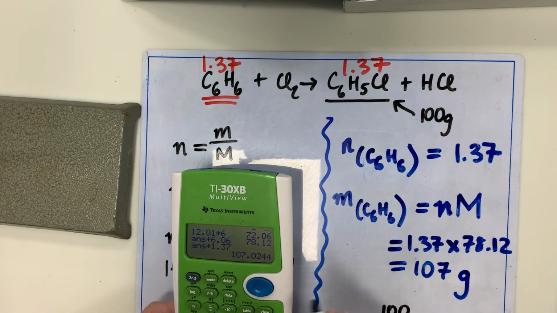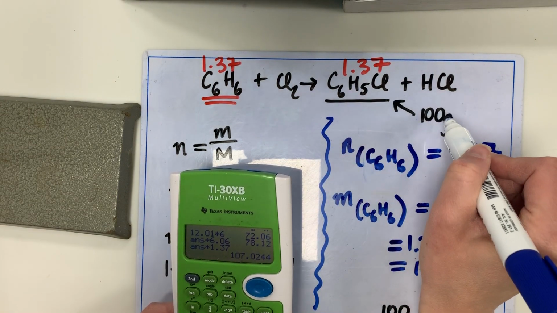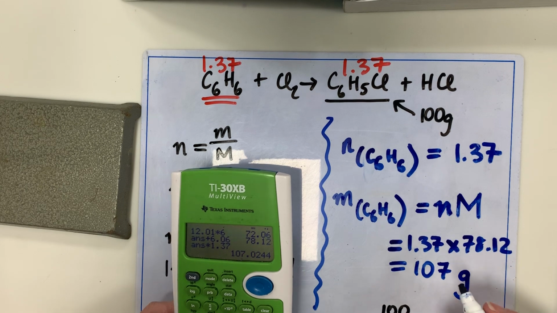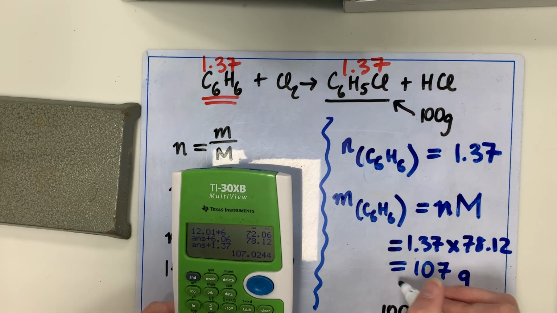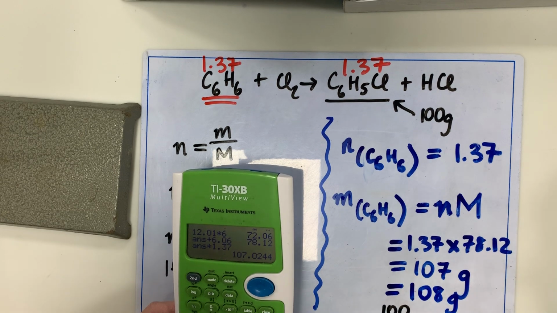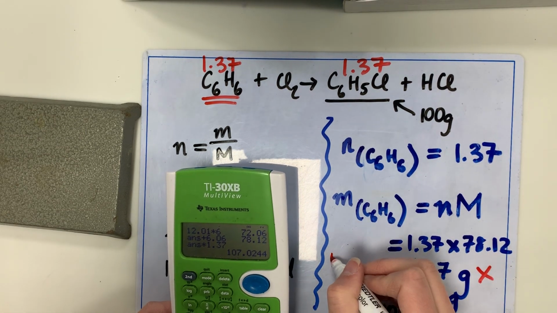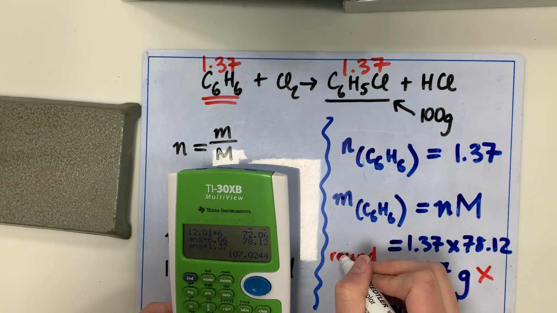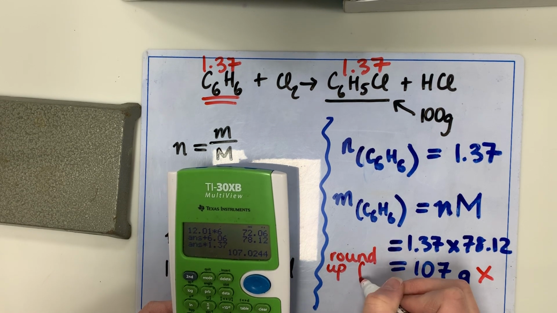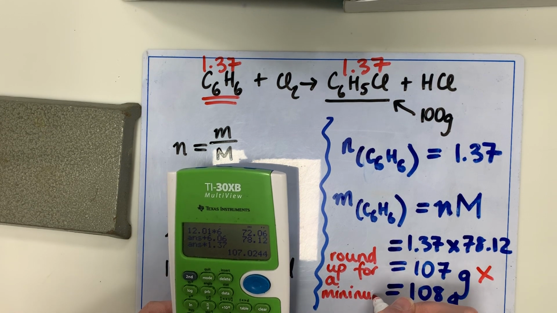Actually, if we round down, we won't make our 100 grams of chlorobenzene, we'll make a tiny fraction less. So really, we should always round up when we're looking for a minimum quantity needed. So round up for a minimum.